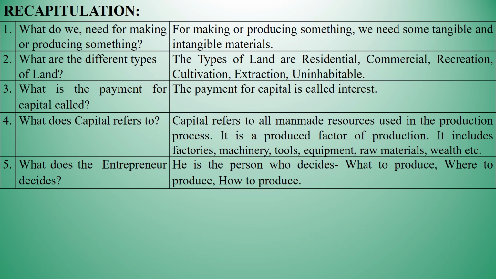It is a produced factor of production. It includes factories, machinery, tools, equipments, raw materials, wealth, etc. The fifth and the last recapitulatory question is, what does the entrepreneur decide? The students will answer, he is the person who decides what to produce, where to produce, and how to produce.